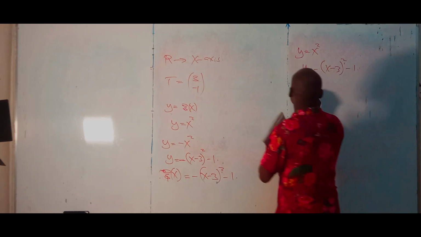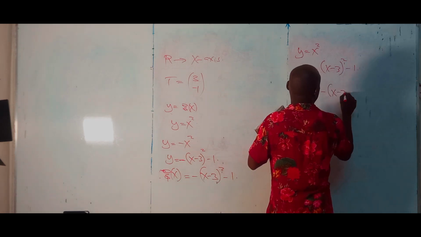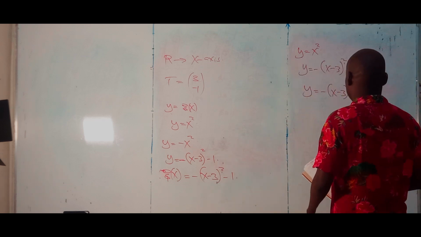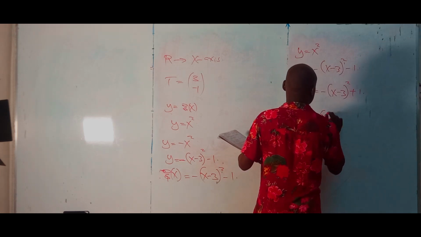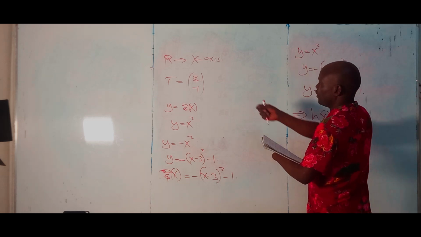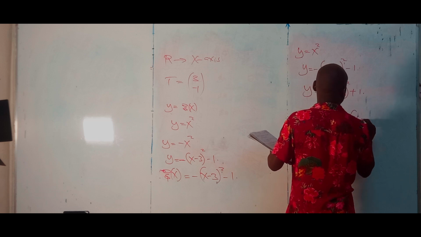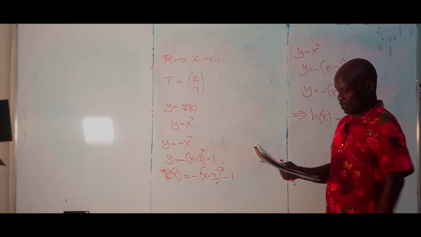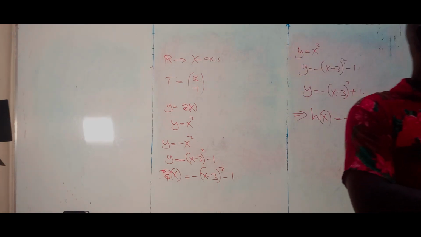So it means we are going to have y equals minus (x minus 3) squared plus 1. So that is h(x). That implies h(x), the image after performing that series of transformations, becomes minus of (x minus 3) squared plus 1. That's the equation of the curve.